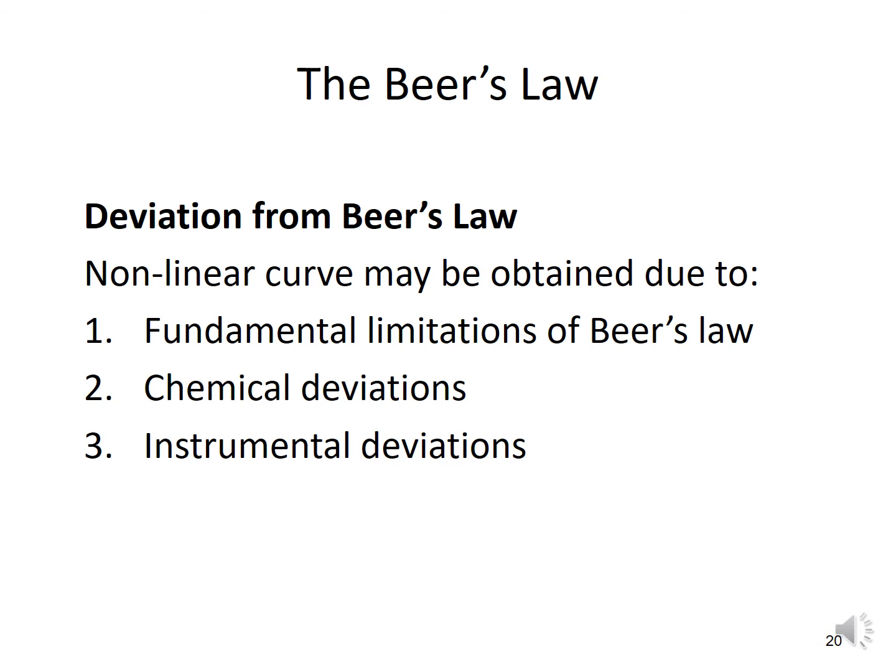And what we can say from here, there will be a positive and negative deviation. Basically this kind of deviation is a non-linear curve. Basically due to the fundamental limitation. Second is the chemical deviation, the analytes itself, and number 3 is the instrumental deviations.